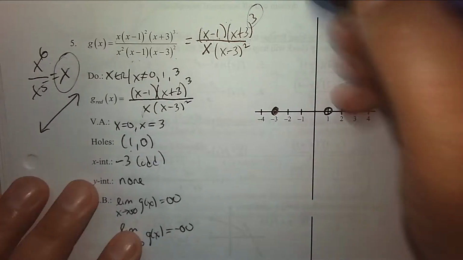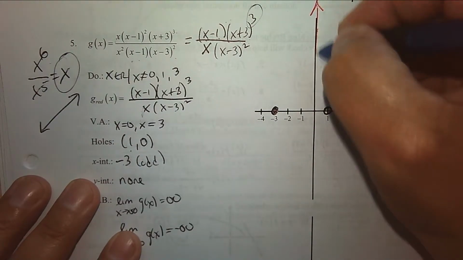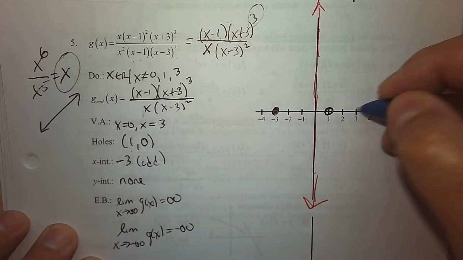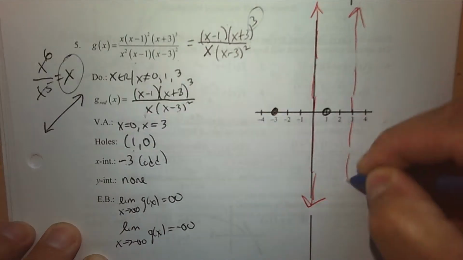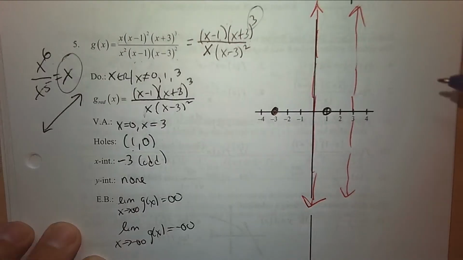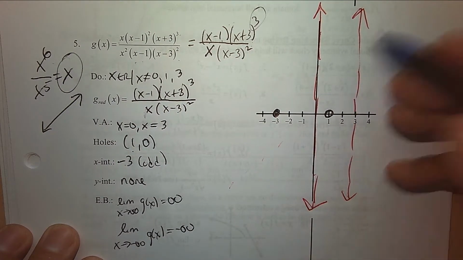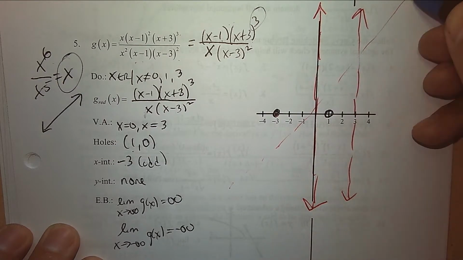So we have asymptotes. Where's an asymptote? At 0. Where else is there one? At 3. And do we have a horizontal one? No. I won't even worry right now about the oblique. It's going to be very similar to the slanted line, right? Like this.